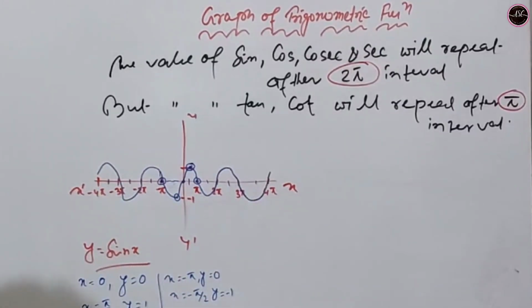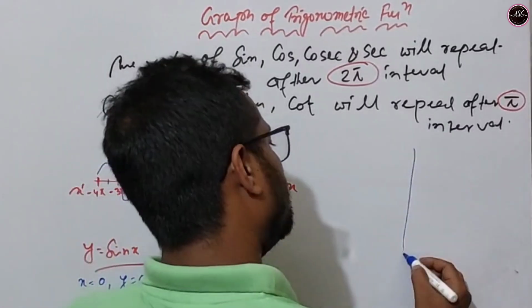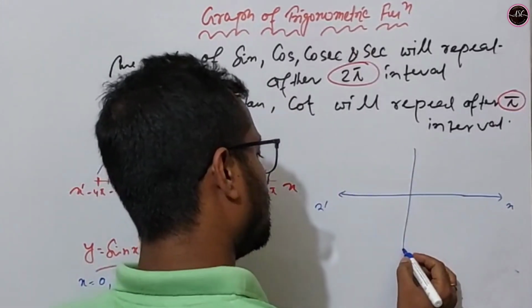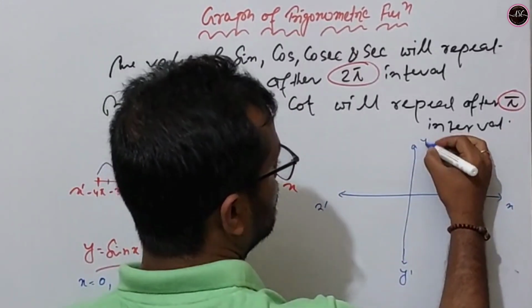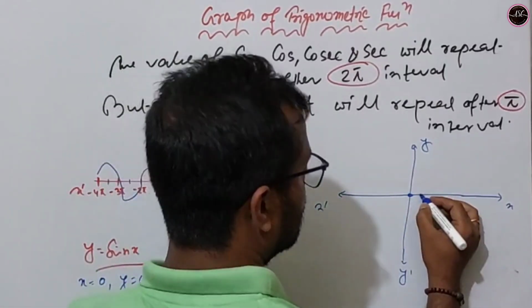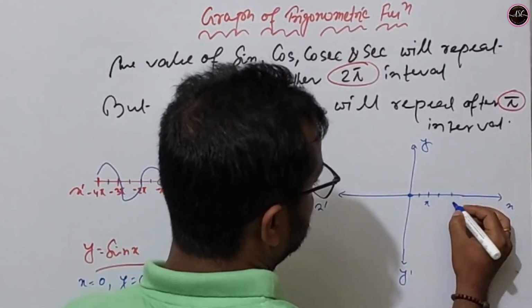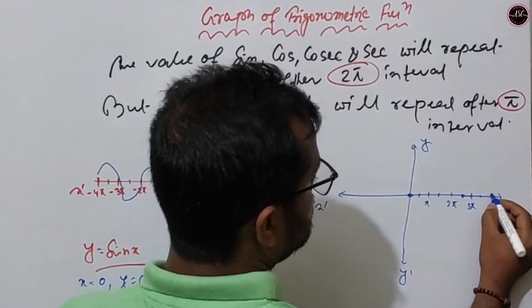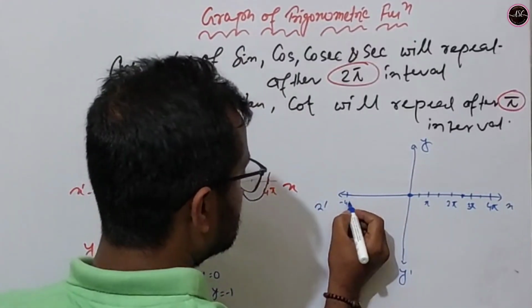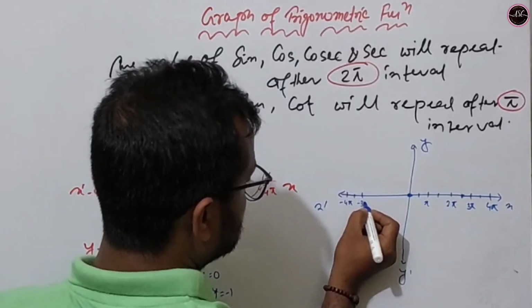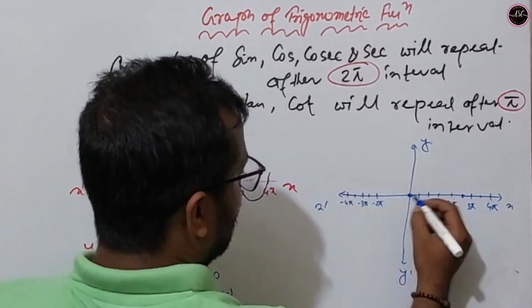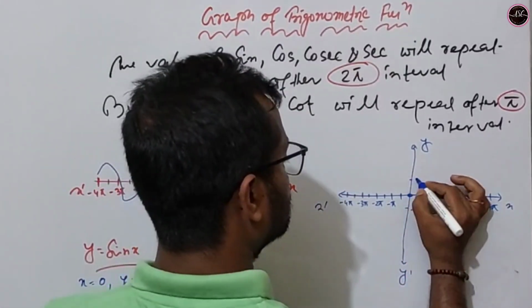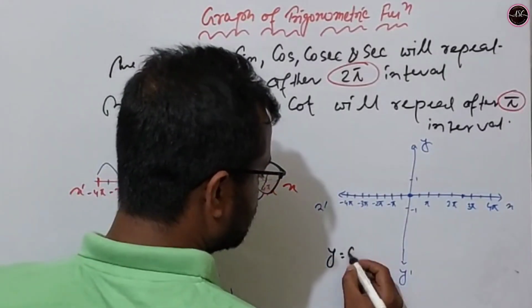Okay. Now, if we want to draw y is equal to cos x, okay. Here the function y is equal to cos x.